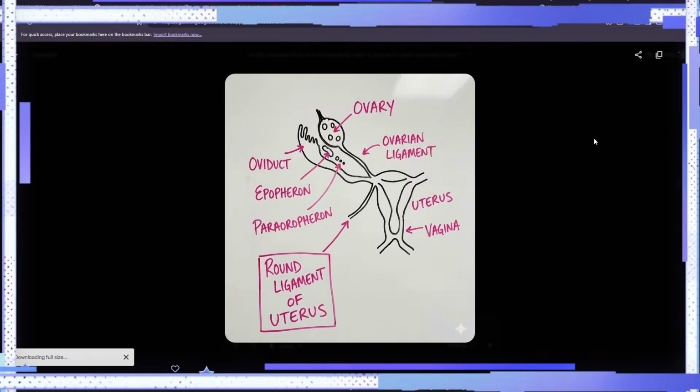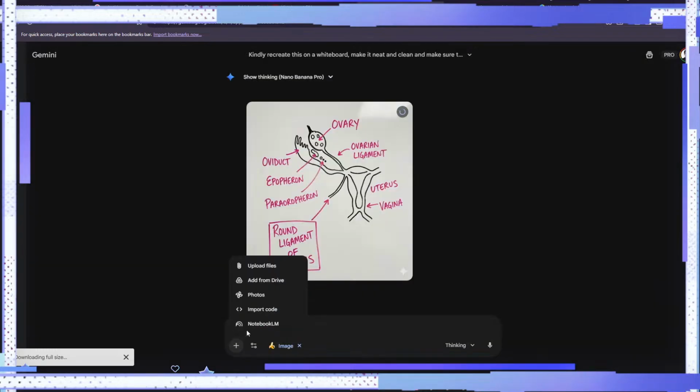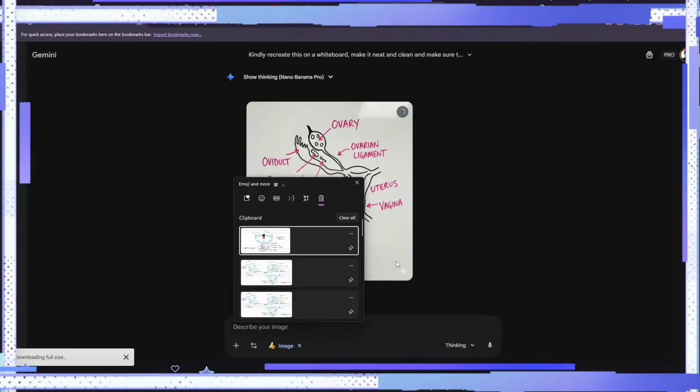Okay. So look at these awesome illustrations. I think it's doing a very good job. Let's add some more images. What else do we have left?